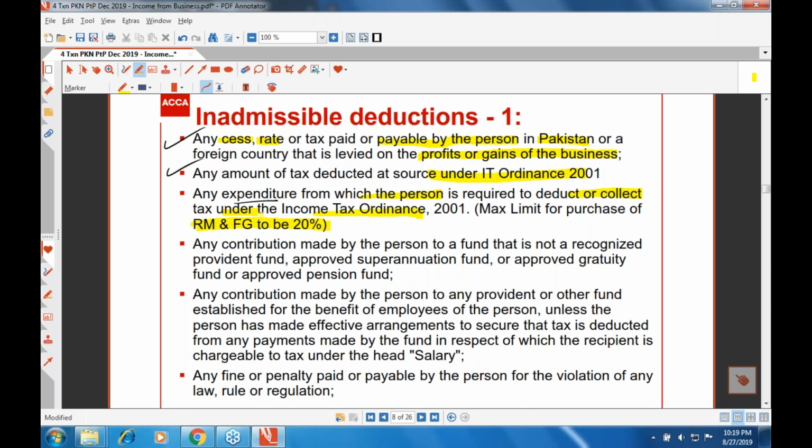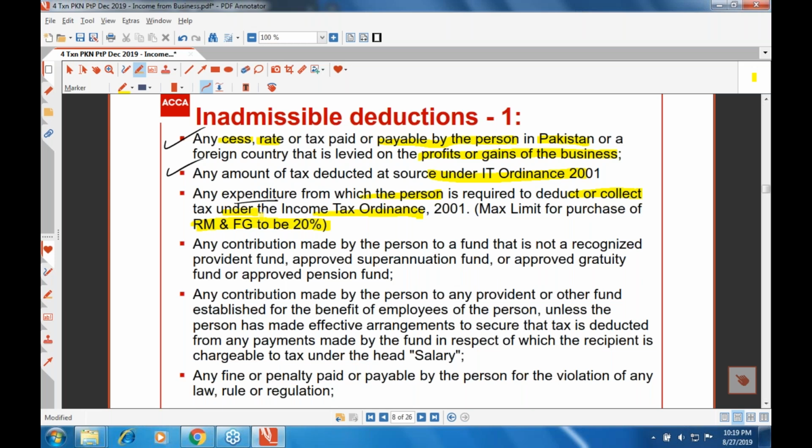Now, what actually happens is, if I talk about this specific concept, then there is something called the concept of withholding. Now, what is withholding tax? Withholding tax means while making a payment, you have to deduct certain tax. That tax is called withholding tax.